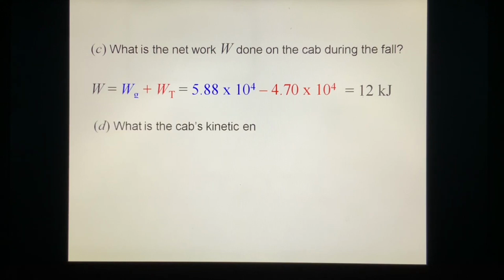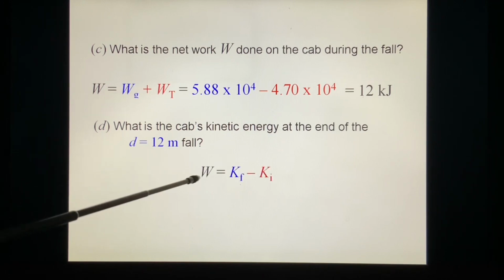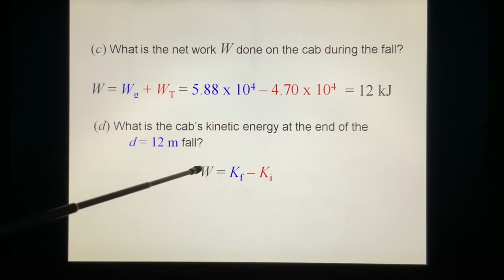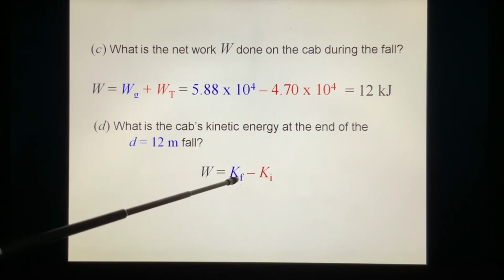Question D. What is the cab's kinetic energy at the end of the 12 meter fall? In this case, kinetic energy is the only energy that changes, so we can use the work-kinetic energy theorem. W, the work done, equals K final minus K initial.